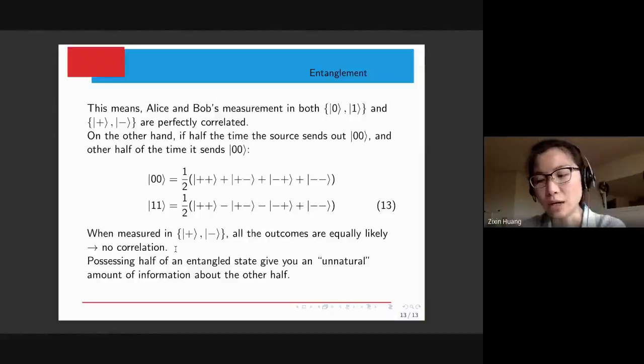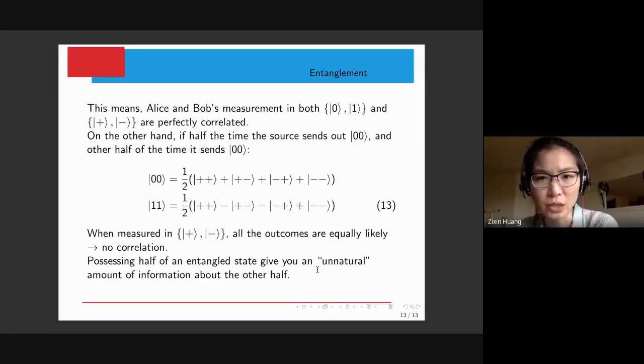So this is different from when you have an entangled state, where you have perfect correlation in both the Z basis and the X basis. In some sense, if you possess half of an entangled state, this gives you a lot of information about the state of the other party, and it's a somewhat unnatural amount of information about the other half.